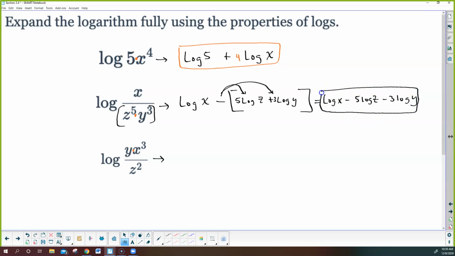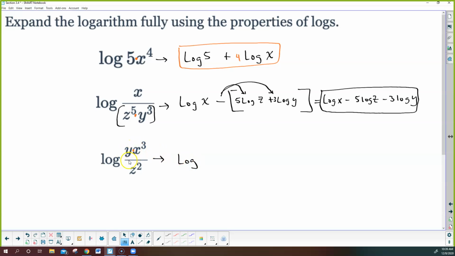So that's my final answer right there. And you know that you're going to have to distribute because you've got more than just one piece in the denominator. If I look at the second one, now I'm just subtracting z squared, so I don't have to worry about the distributive property.